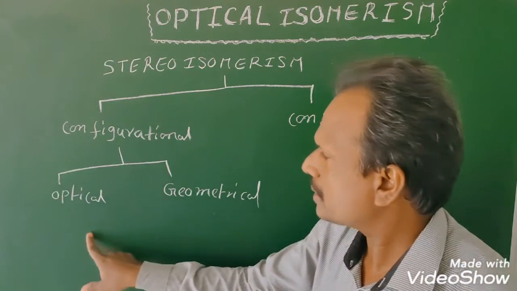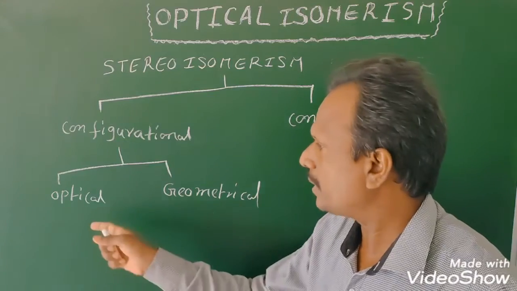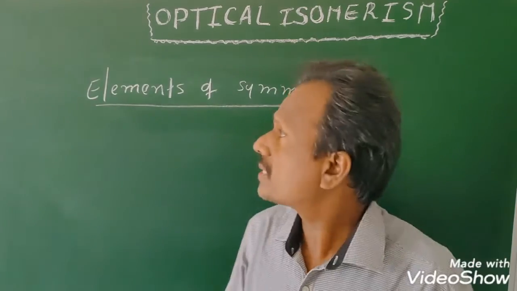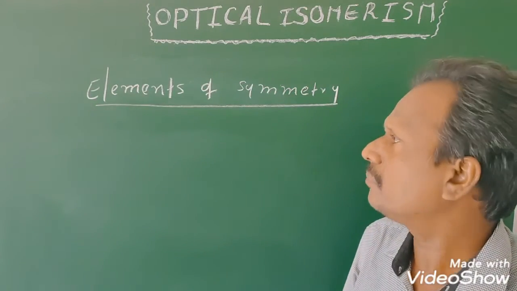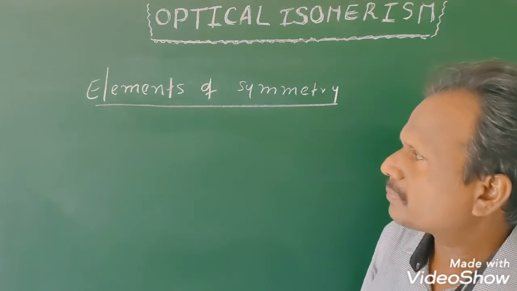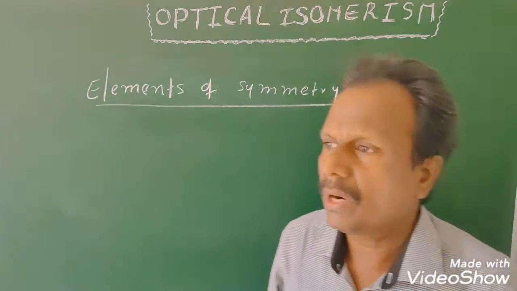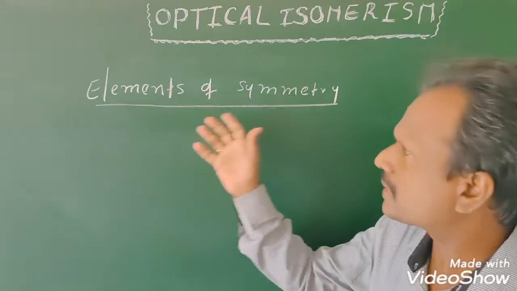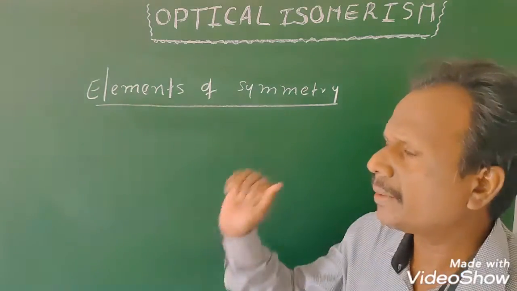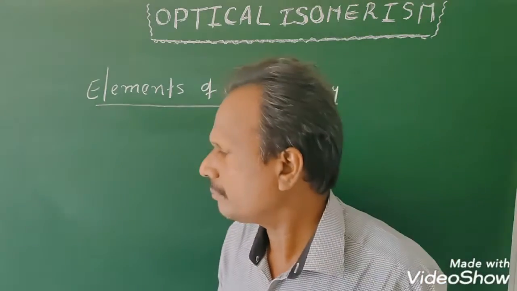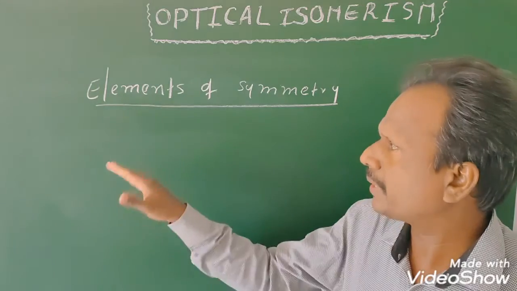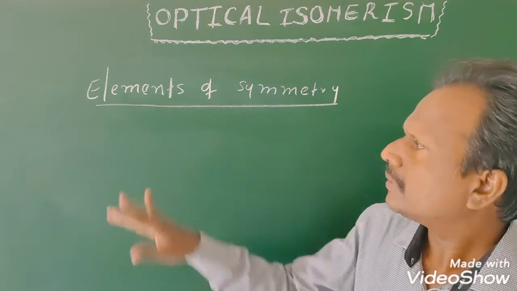Today we discuss optical isomerism. To understand optical isomerism, two concepts are required. First one, elements of symmetry. What is symmetry? What are the elements of symmetry? Majority of molecules have elements of symmetry.